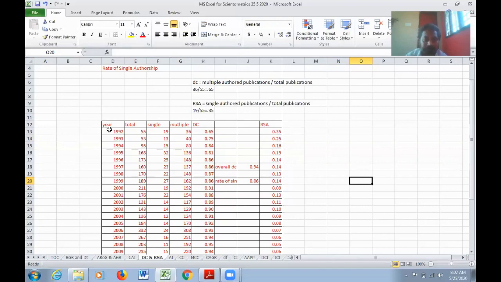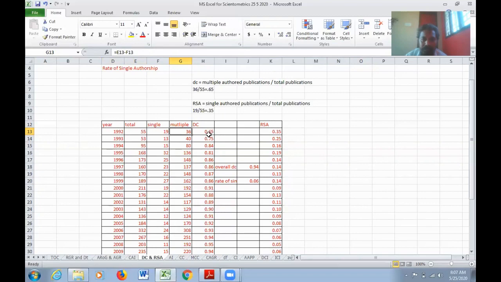For example, I'll take 1992. Totally 55 papers are published, of which 19 are single author papers and 36 are multi-author papers. This multiple authorship may be either two authors or three authors or four authors or more than four authors. It is immaterial. We just take into account how many papers were authored by multiple authors.